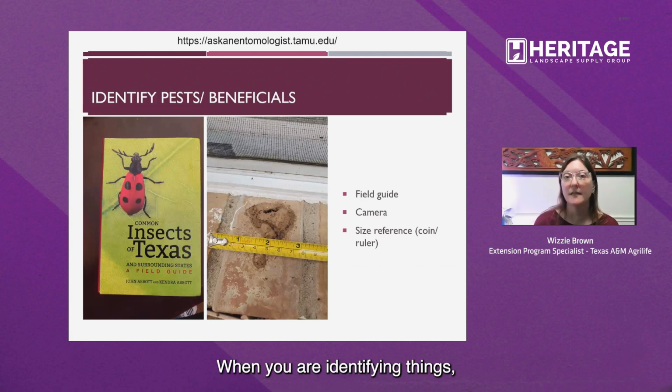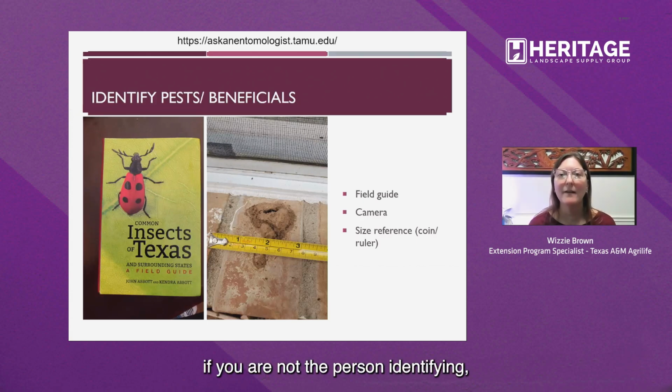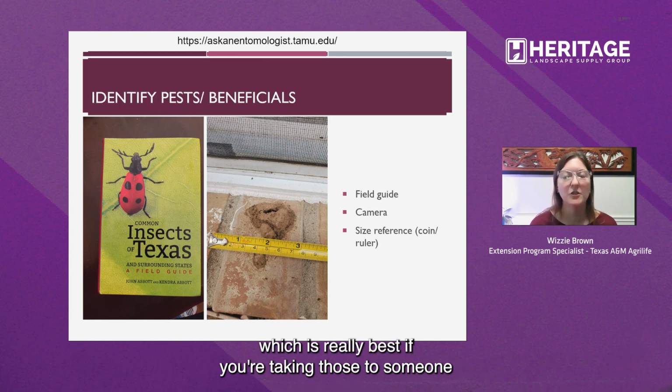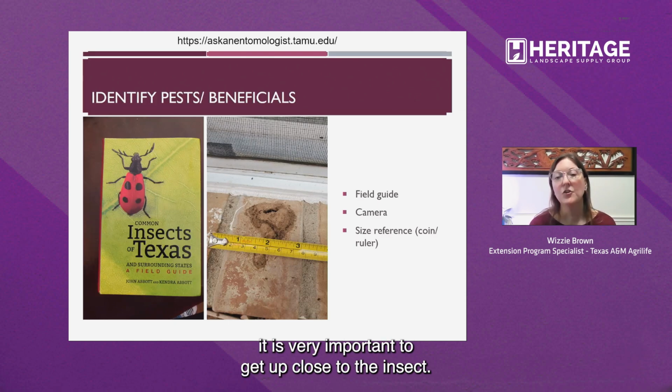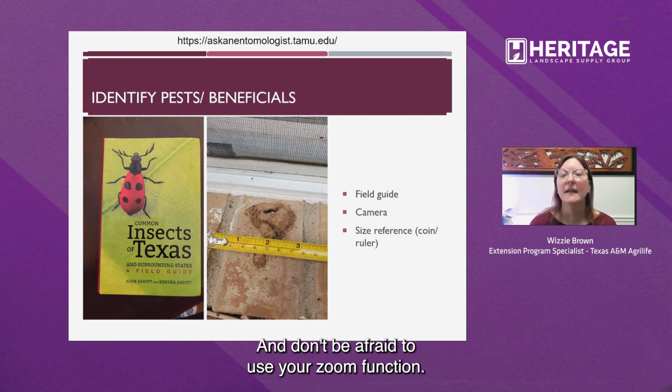When you are identifying things, if you are not the person identifying, you can either collect samples, which is really best if you're taking those to someone for identifying, but you can also use your phone for that. If you are going to take pictures of insects, it is very important to get up close to the insect and don't be afraid to use your zoom function.